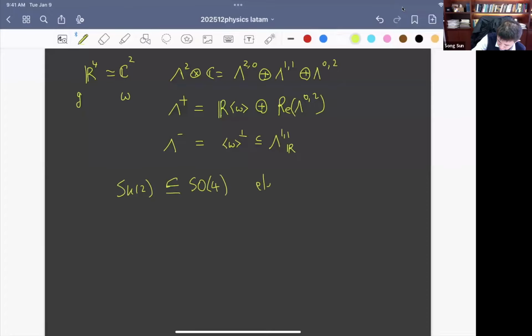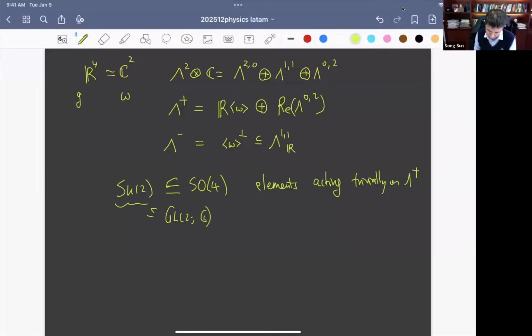and it's acting trivially on lambda minus, because SU2 is defined as a transformation that preserves complex structures, containing GL2C, right?